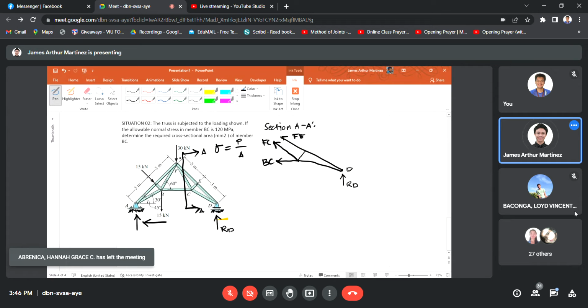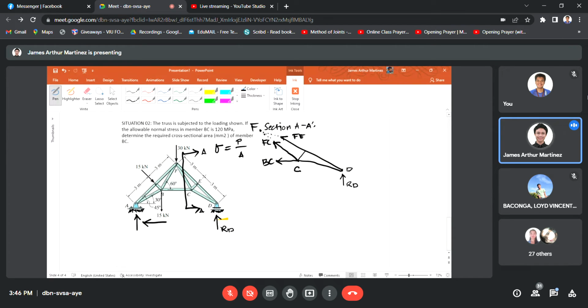And to do that, about which point do we take moments? So if this is point C, point D, and point F, we take moments about point F. Why point F?